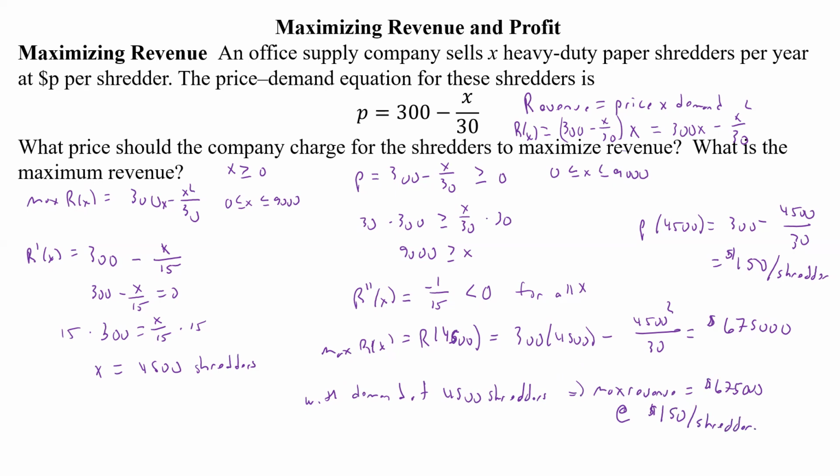That's how we would do that one. In a little bit, we're going to come back and start thinking about how to maximize profit. So here we maximized revenue, and in a little bit, we'll come back and maximize profit with this.